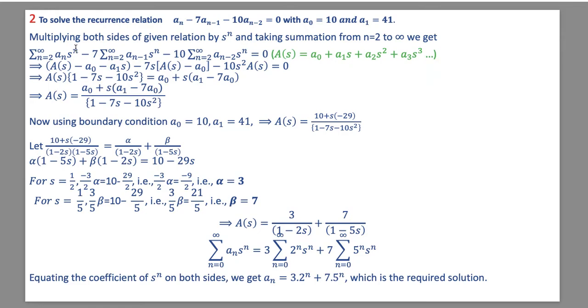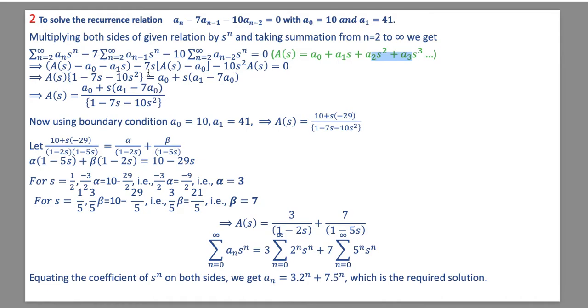So like the previous example, the sum of a_n s^n from n equal to 2 to infinity will be equal to A(s) minus a0 minus a1s, because the series inside here is a2 s square, a3 s cube and so on. So shift these terms to this side, as A(s) minus a0 minus a1s.